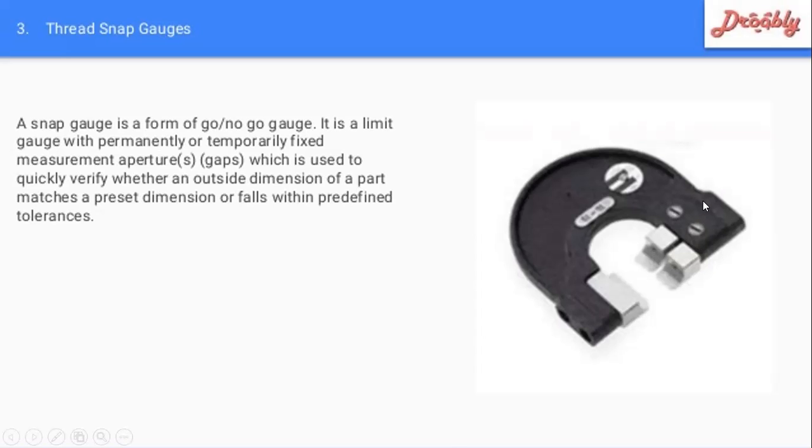It can be adjustable at the end. So that is the threaded snap gauge type.